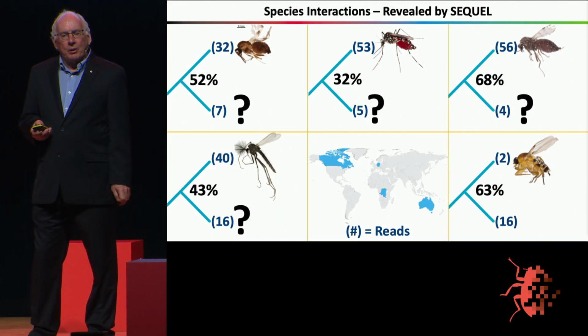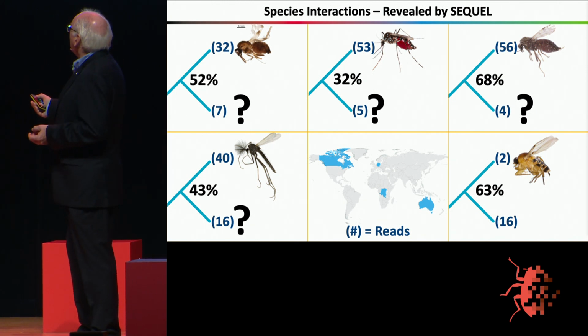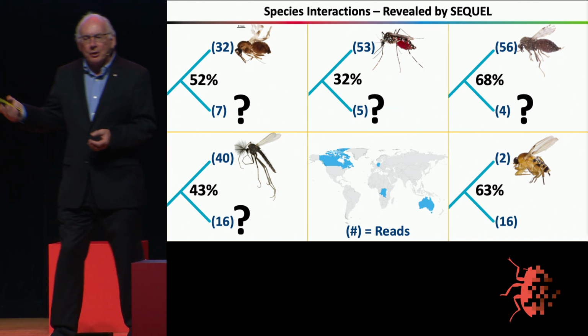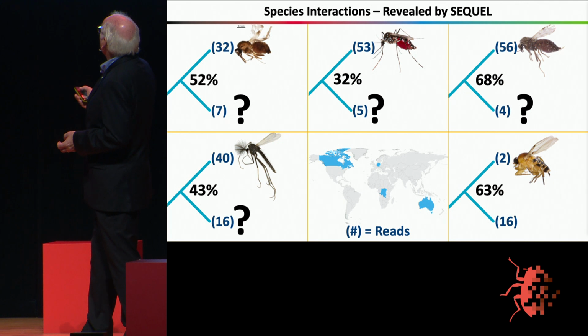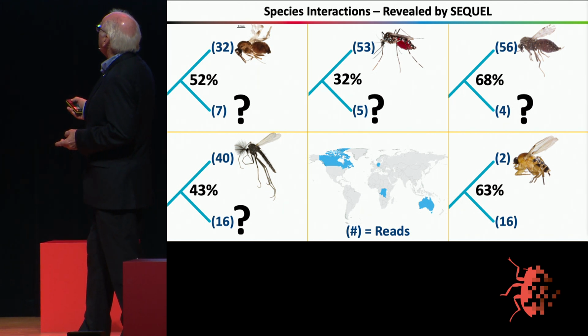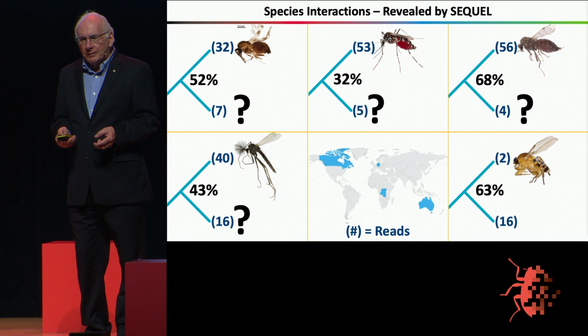If you analyze these with SQL, it's really cool because you now get the 2 clouds of sequences separated. You can interpret them. And most of the sequences connect to the mosquito or the biting midge or the chironomid, but there are these others that show really deep sequence divergence. And what are they?